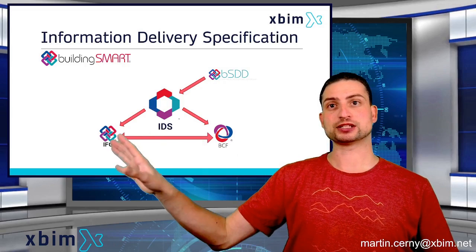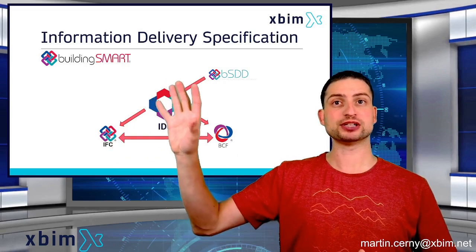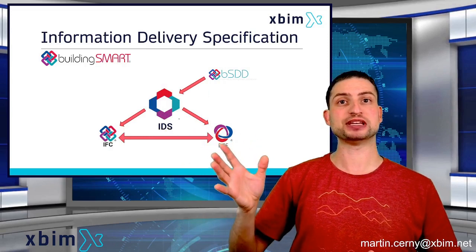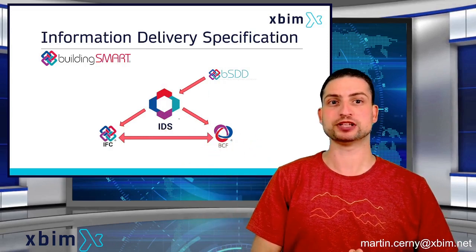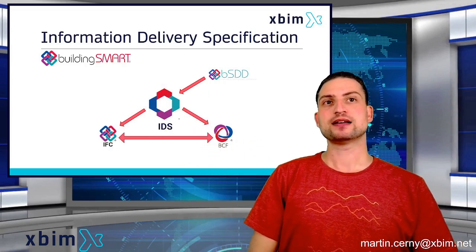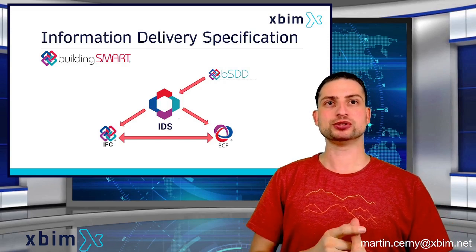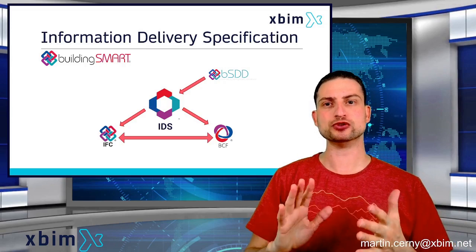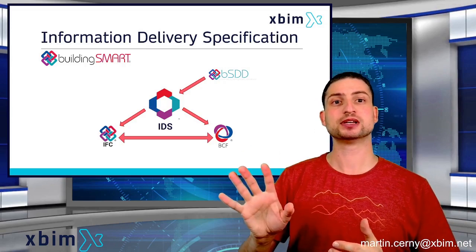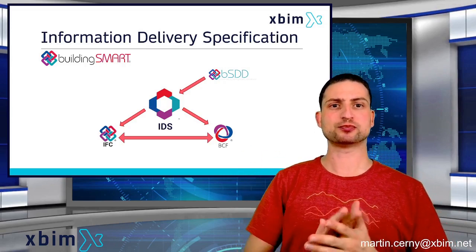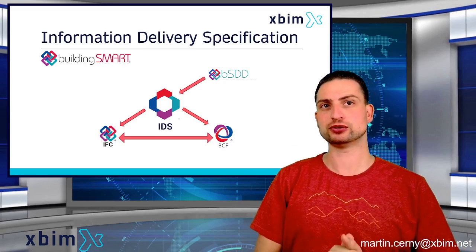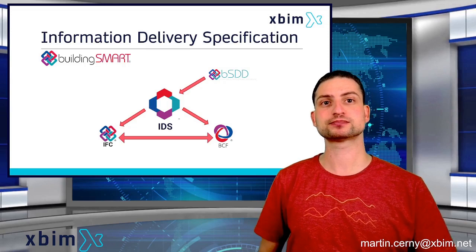Now, once the data is created and the validation is run using IDS, it can create BCF, BIM Collaboration Format. That would contain all the issues and the issue management to improve the quality of the IFC. So it can be used as part of the feedback loop for iterative improvements of the BIM models.